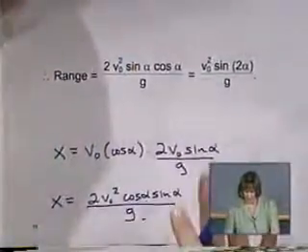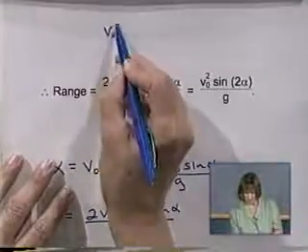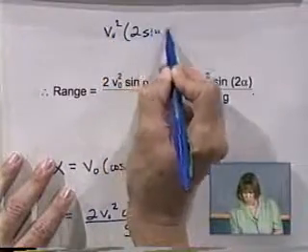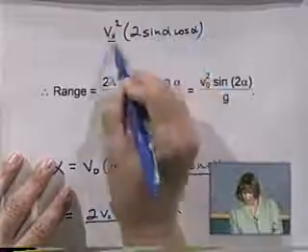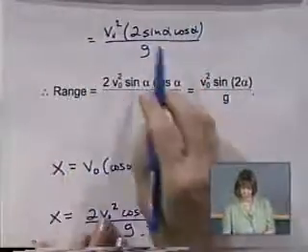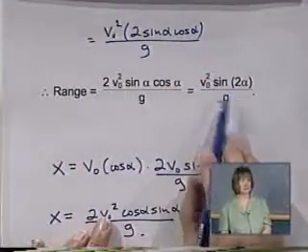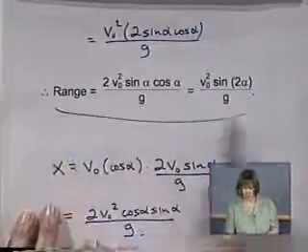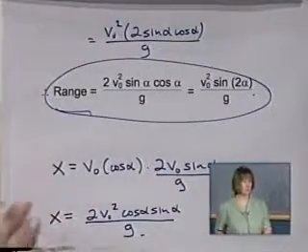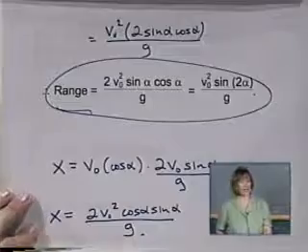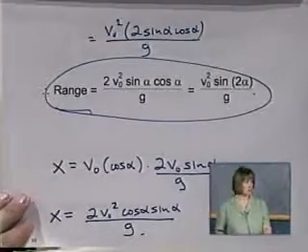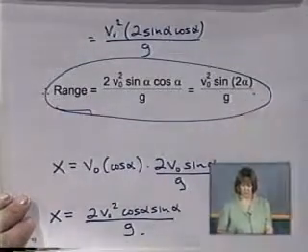They took this, and you take the v naught squared out, and you go 2 sine alpha cosine alpha over g, right? And what is 2 sine alpha cosine alpha? Sine 2 alpha. So this is a wonderful formula that gives you, if you throw something into the air and you want to know how far it is going to go before it hits the ground, that's its range.